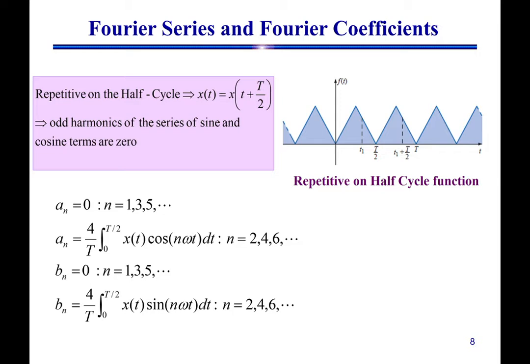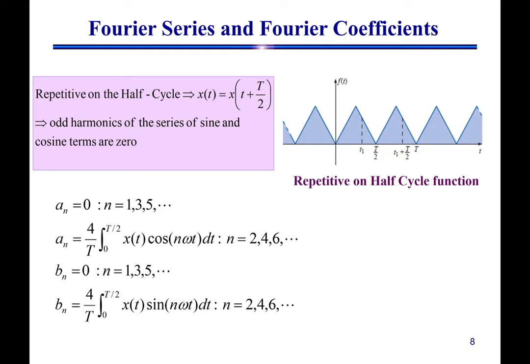This kind of function we call a repetitive on half cycle function. It repeats itself every T over 2, or every half of the period. So in that case we'll find that also x of t will be equal to x of t plus T over 2.